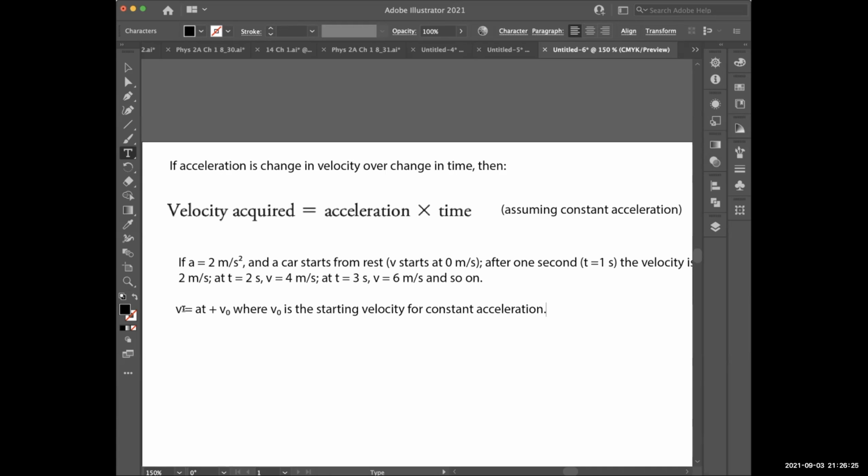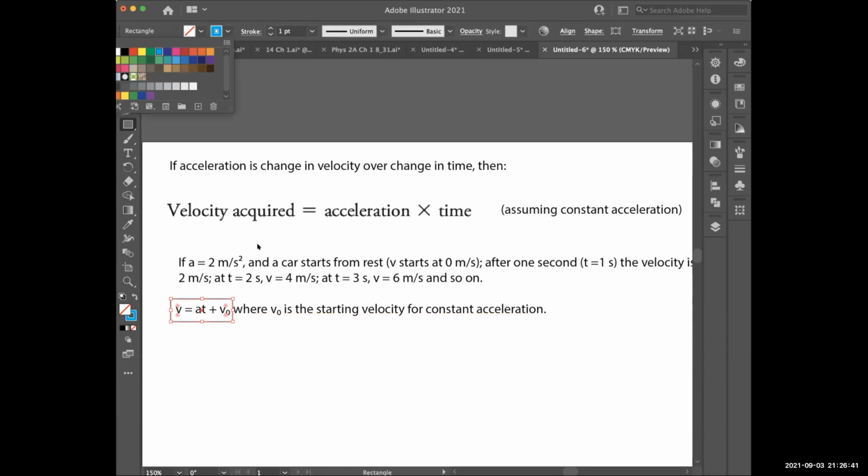This is the general formula. It's in your notes. Let me go ahead and box it. I'm going to put things in boxes sometimes, like this one here. This is probably a good thing to put on your formula sheet.